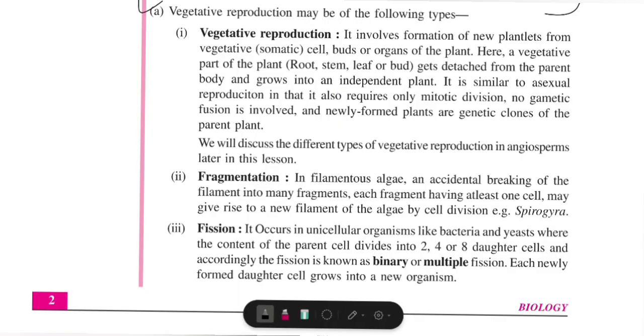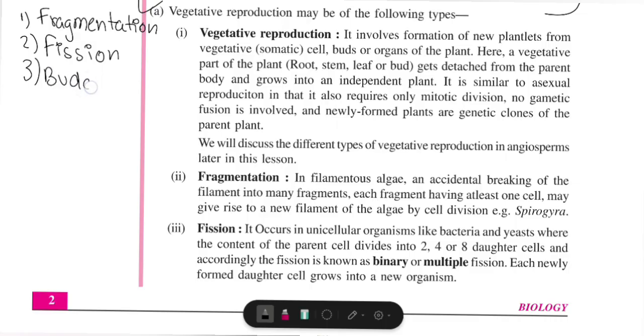Now, vegetative reproduction, there are total 3 ways. The first way is fragmentation, the second way is fission, and the third way is finally budding.